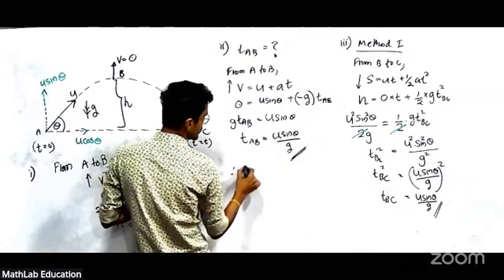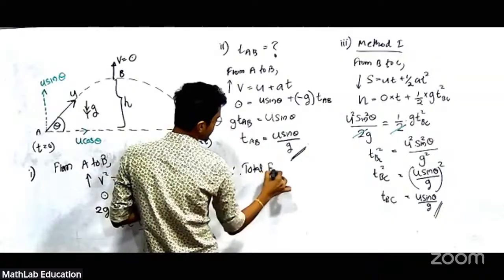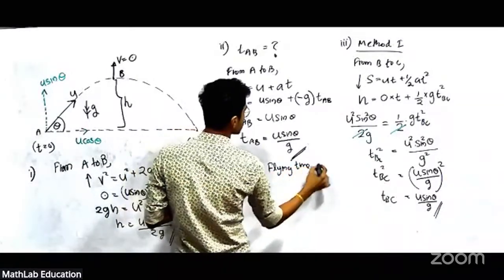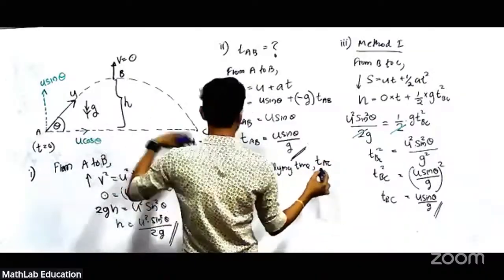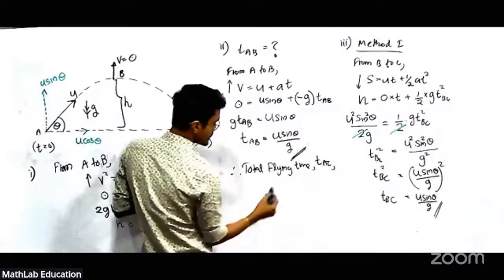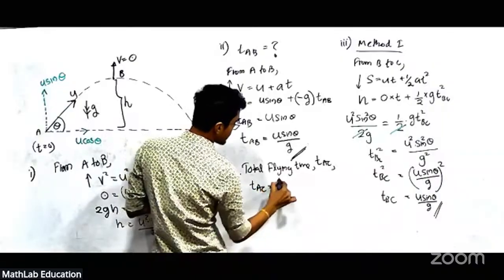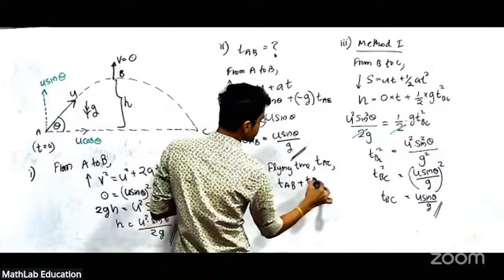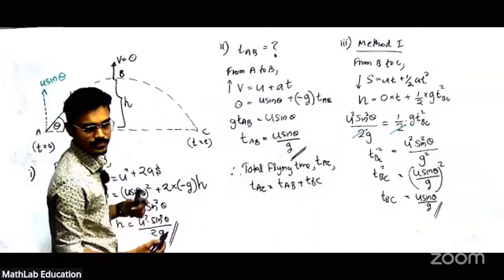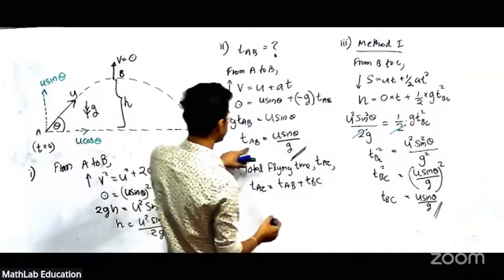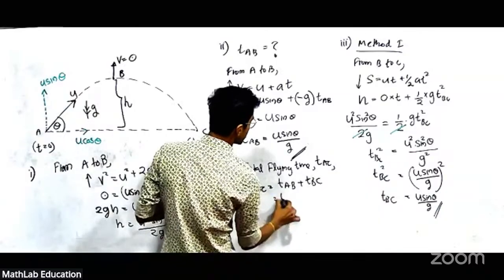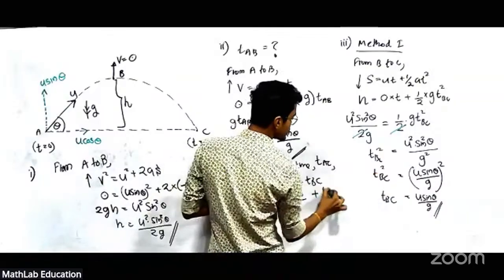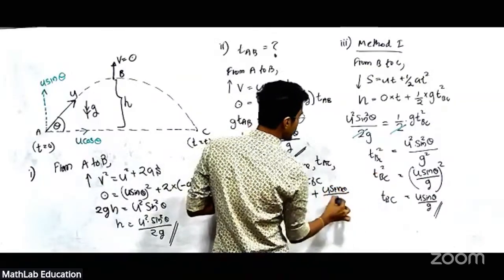Therefore, look at here, total flying time, let's say t AC, A to C. So t AC can be written as t AB plus t BC. t AB is here, u sin theta over g, plus t BC is here, that is also the same, u sin theta over g.